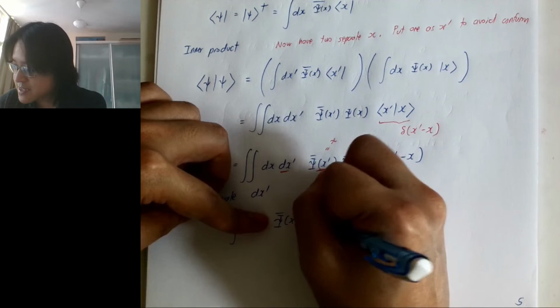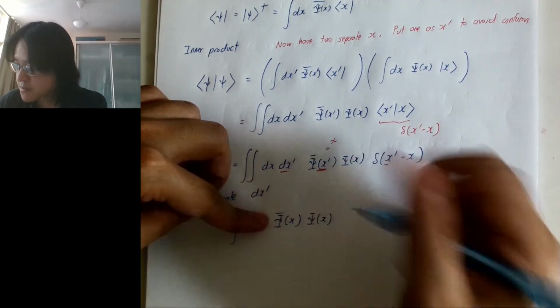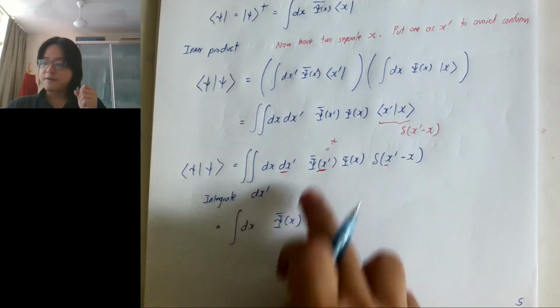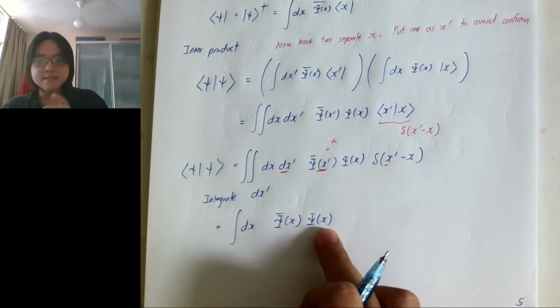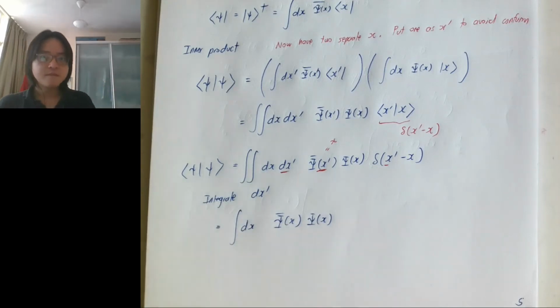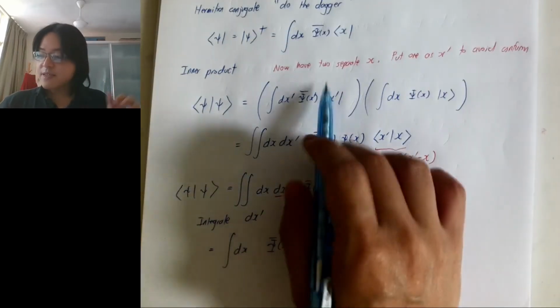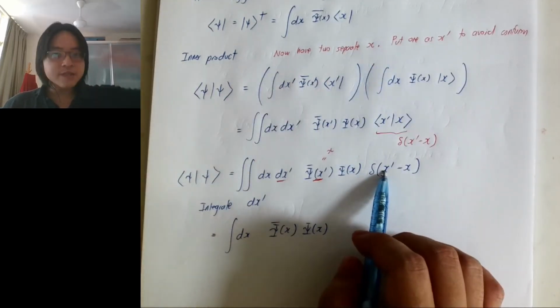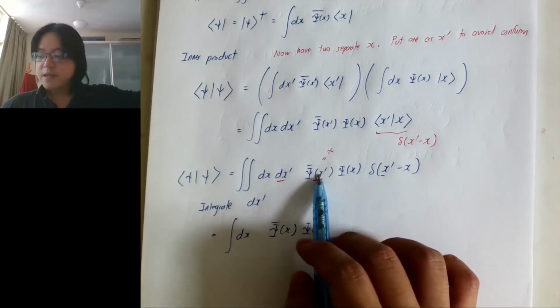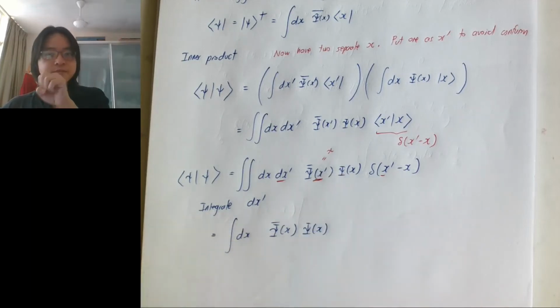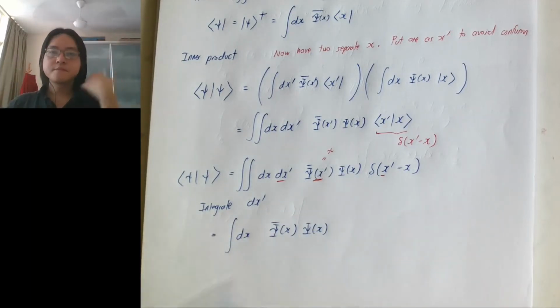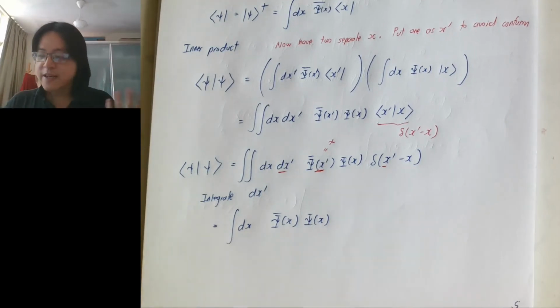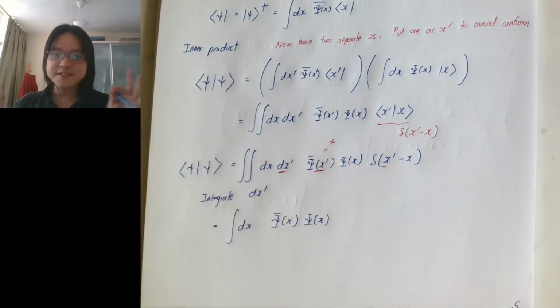And this is why the delta function is magic. It just picks out the value to be the same as this x over here. So originally, just now I said there are two separate x's, but when you use the delta function, it will just match them to be the same. Okay, so that is why it's magic. Delta function is something magic.